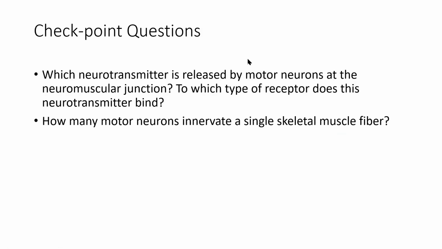So this should be a lot more straightforward than the autonomic nervous system, because we only have one neuron and we've only got one neurotransmitter and we've only got one receptor.